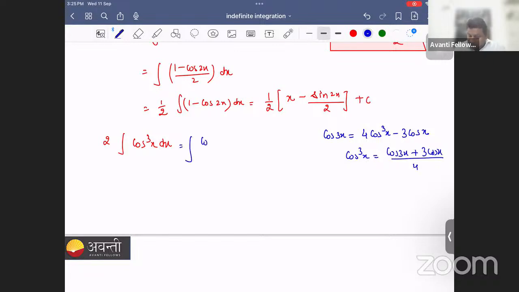So this will be cos 3x plus 3 cos x by 4 dx. Am I clear?